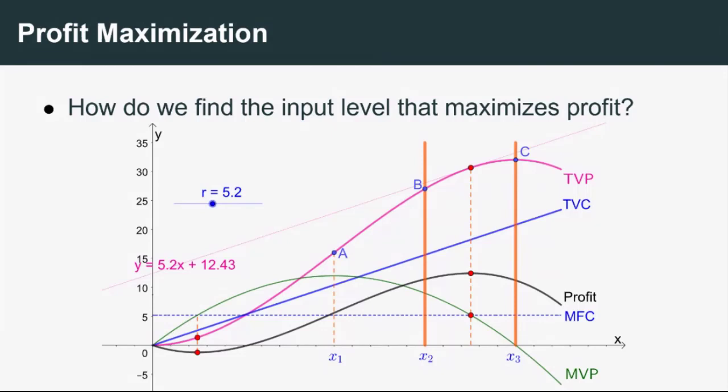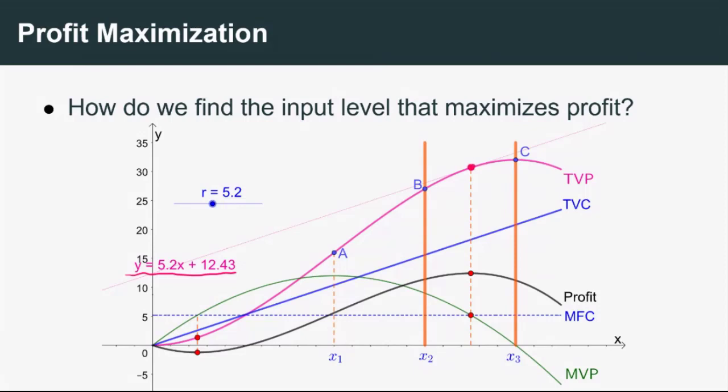So in this graph, if you pay attention, you will notice there is a pink line, and I actually wrote the equation for that line. That is the tangent line of TVP at this point.